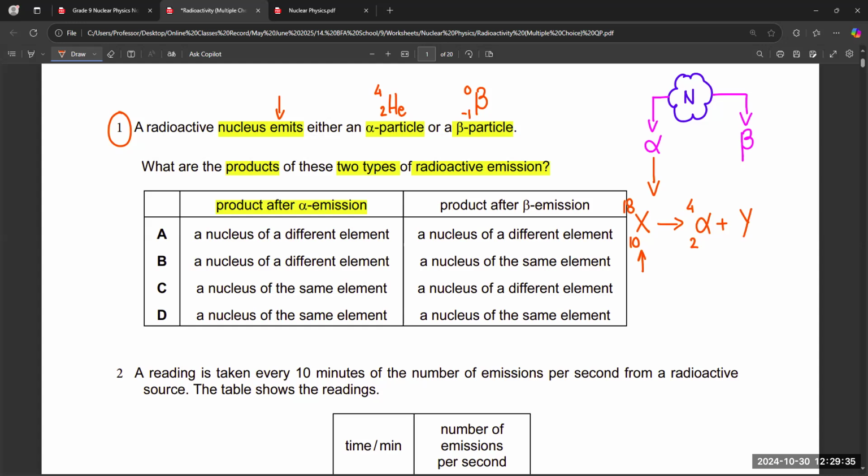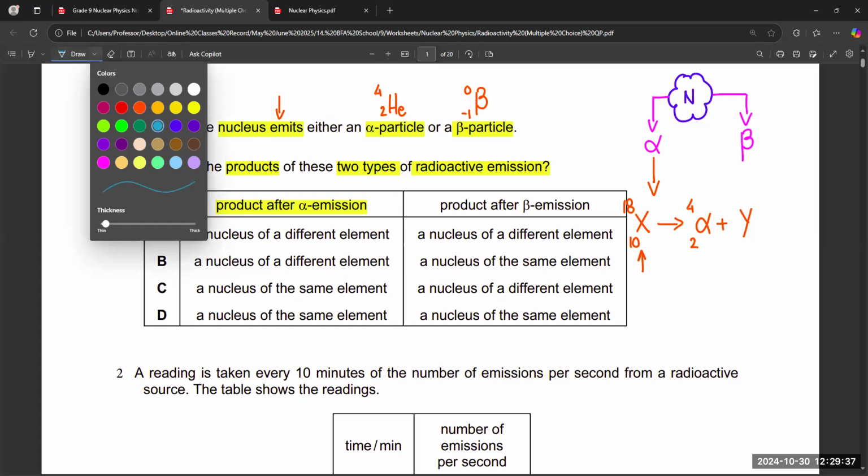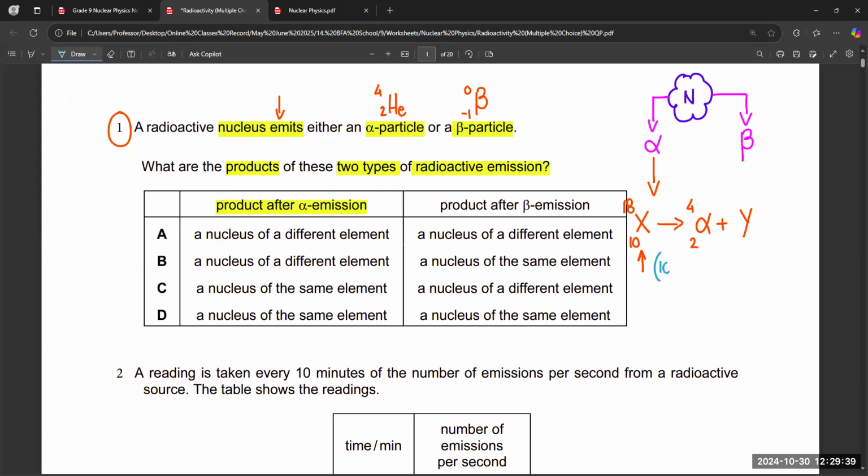We need to subtract these values: 10 minus 2, right? We get 8. 18 minus 4 is equal to 14. Okay, so 14. Yes, so this is the final result.